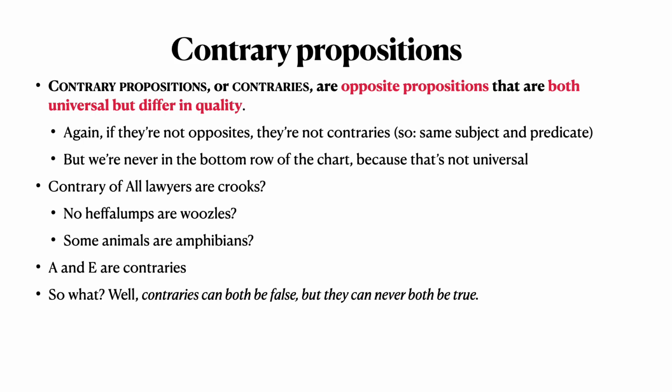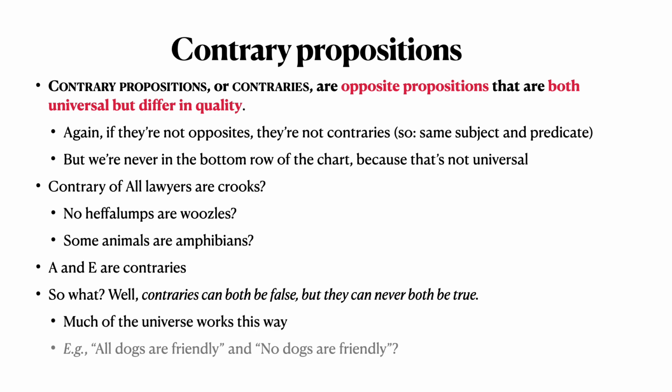A and E, contraries, can't both be true, can both be false. And that means that if you can establish that one of those things is true, then you can establish the other is false. Note that much of the universe actually works this way. For example, if I were to say all dogs are friendly and no dogs are friendly, both of those things are false, just like all lawyers are crooks and no lawyers are crooks. What does that mean? Some are and some aren't. And again, much of the universe works that way.